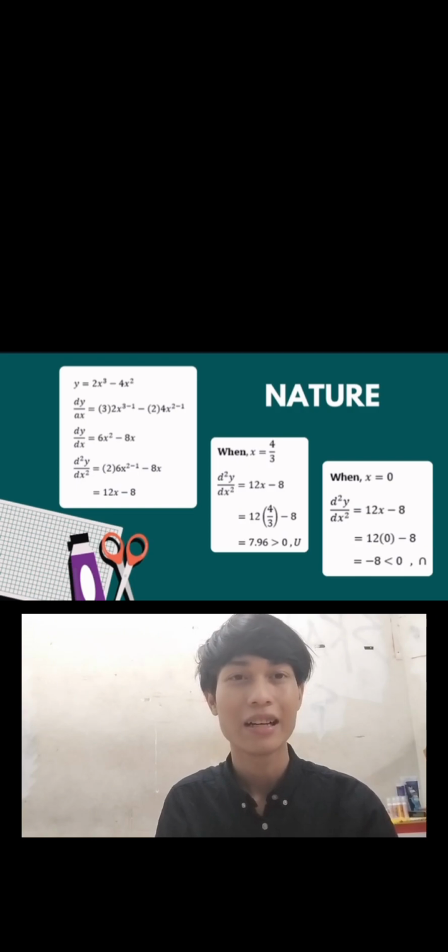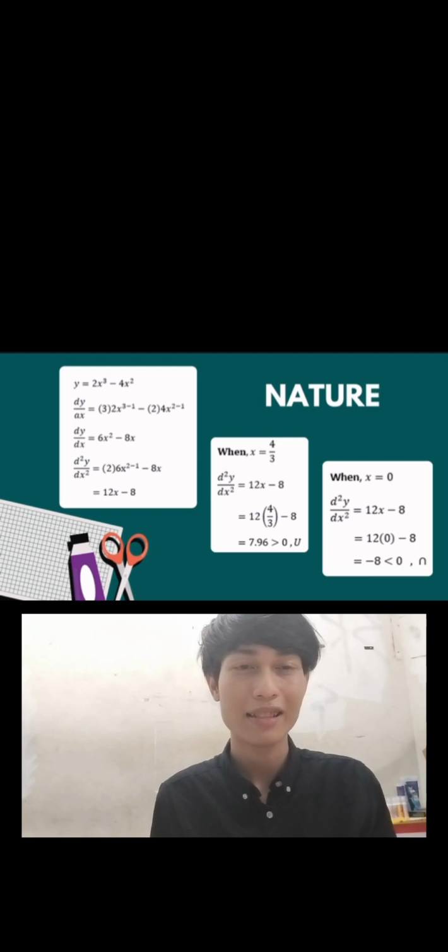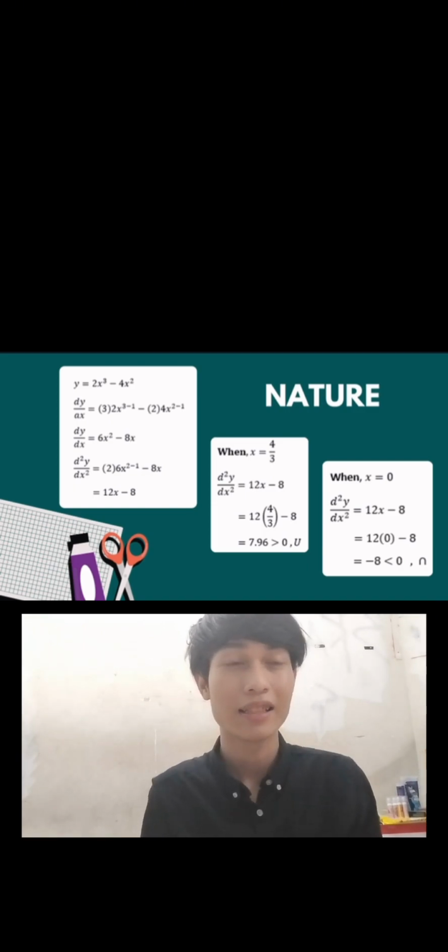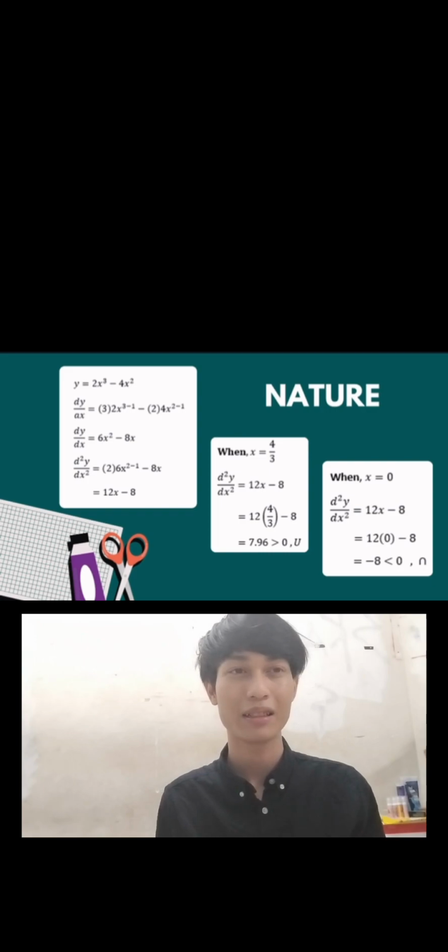We already got the first x and the second x from the first step. First, we use 4/3 in the second order, 12x - 8. We change x to 4/3, so 12 multiplied by 4/3 minus 8.